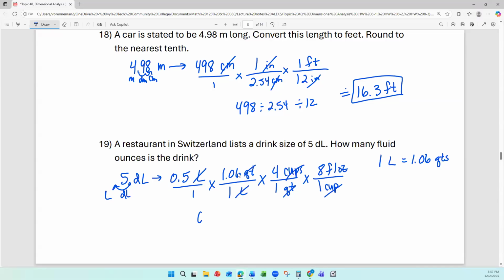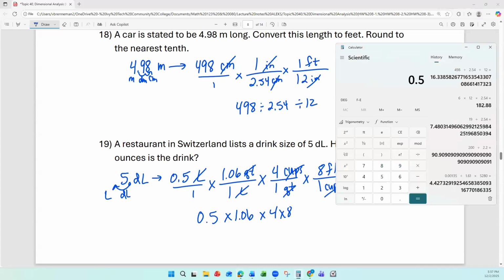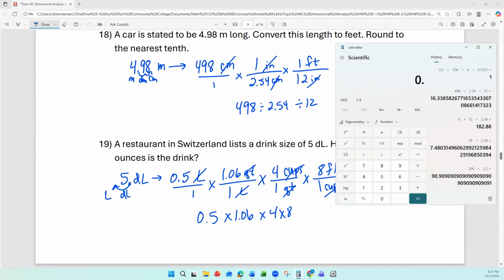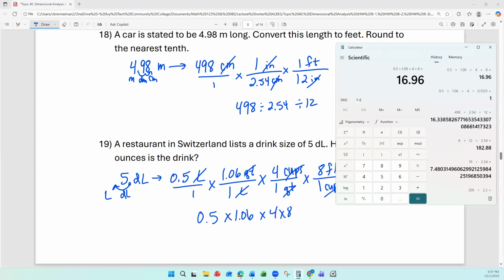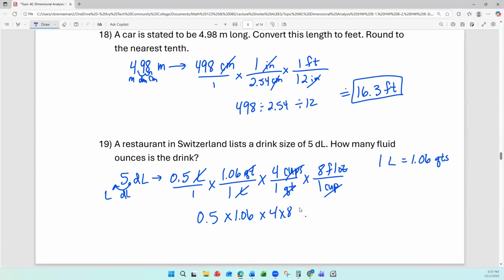So this is going to be 0.5 times 1.06 times 4 times 8. That's 16.96, or basically 17.